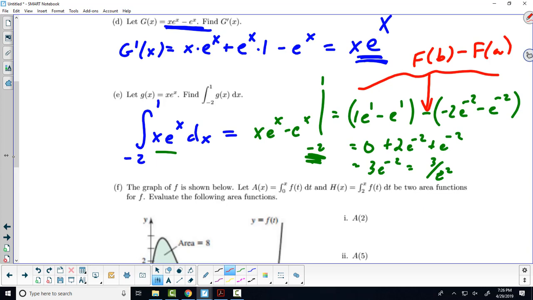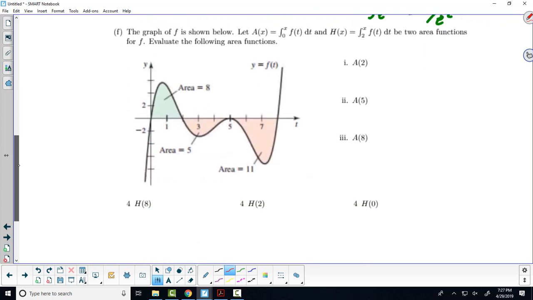I guess I should be using a G, but I'm not going to. So that becomes positive 2 over e squared, right? Minus still, though. Minus a minus. Oh, you distribute that. All right. Yeah, that's right.